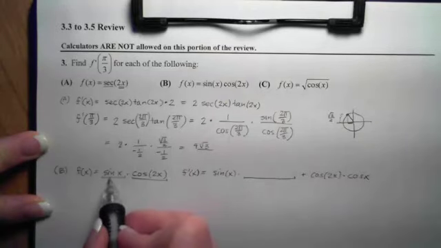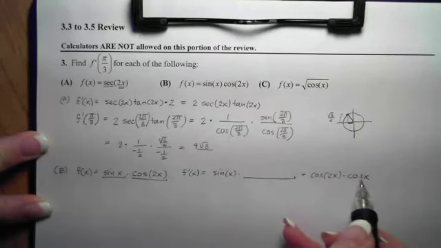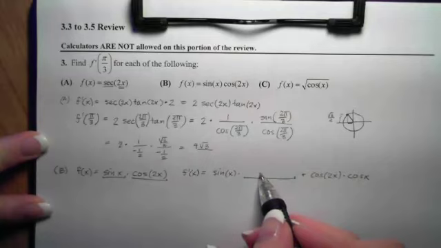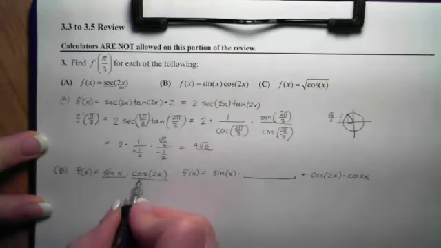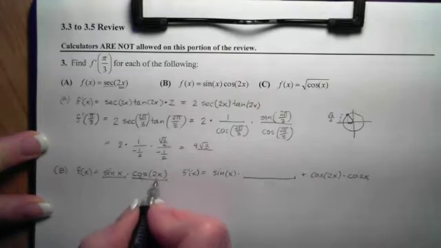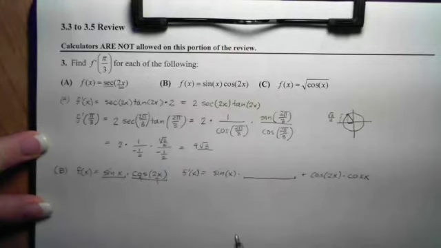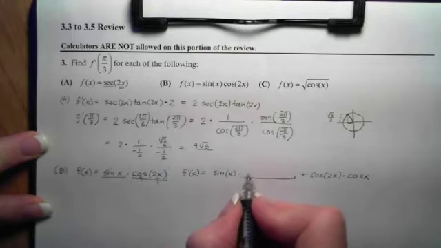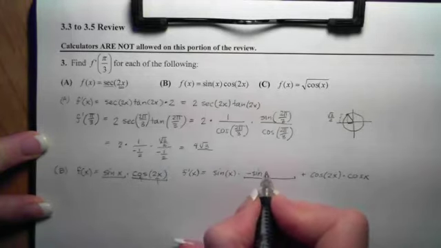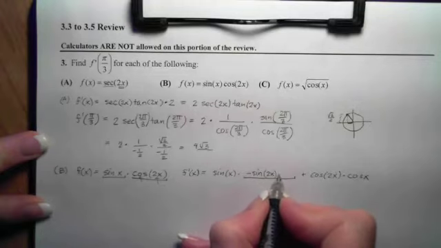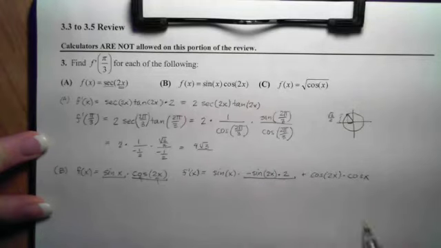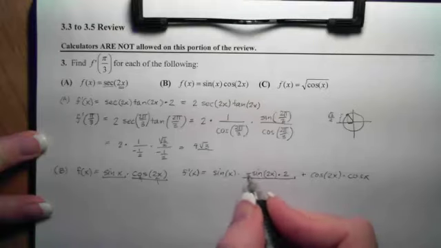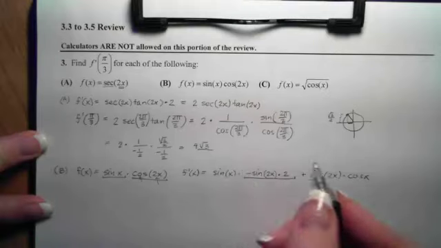The derivative of the first, I could take the derivative of sine pretty readily and get here. For the derivative of the second, I have to do the chain rule because I see that I have a cosine rule and a power rule. So the derivative of the cosine is negative sine of the inside unchanged times the derivative of the inside. My next job is to now evaluate this f prime at pi over 3.